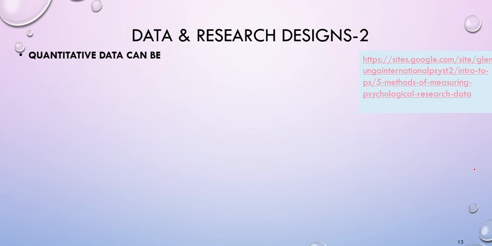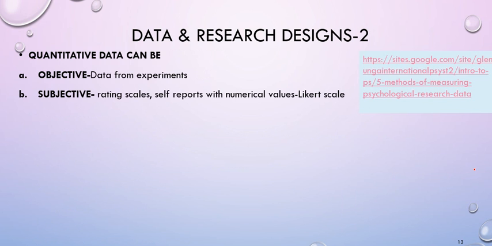Now, quantitative data can be objective, okay, or can be subjective. I hope you understand what we're talking about here. When I make an experiment, the data I collect about the blood pressure of the people are objective. I can feel that my blood pressure is high, but the reader says that it is low. So it doesn't matter.